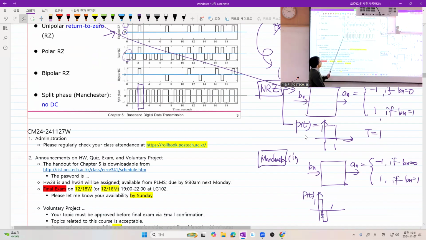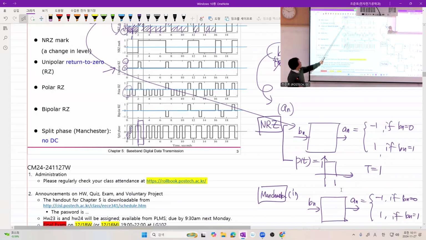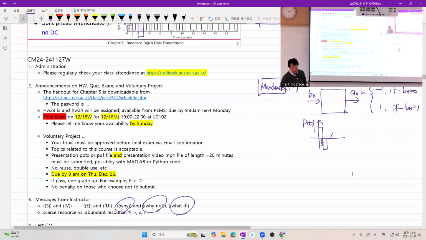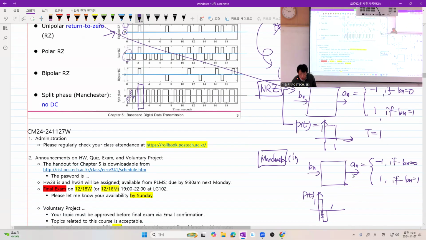For this one, since your A is -1, the signal starts from -1 and has a rising edge to 1, like this, right? So this part is now constructed. What about the second bit? The second bit is also 1, so you have that one. The third bit is 1, so you have that pulse.